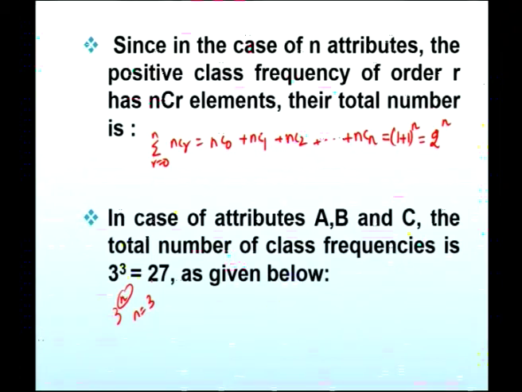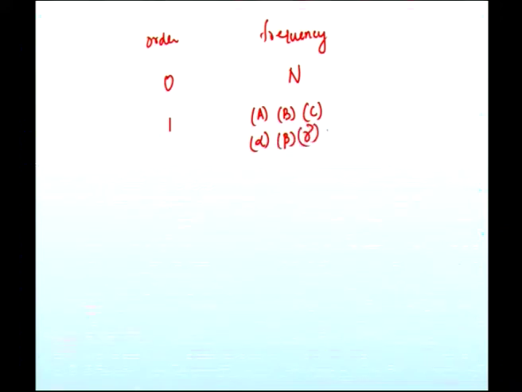First of all, talk about the order and frequency. Order 0, the total frequency is n. For order 1, we have A, B, C, the 3 symbols. Only one letter is written in a bracket, because it is going to be a frequency of order 1, and then its complements alpha, beta, gamma.